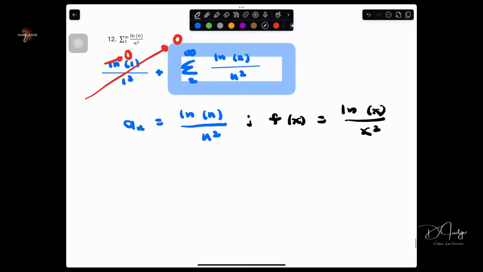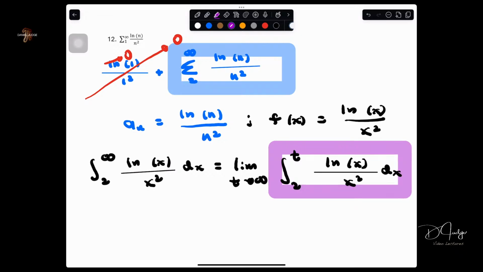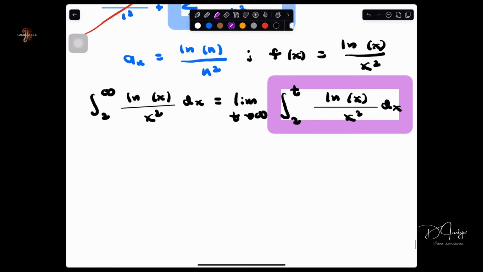We're going to have to look at the integral from 2 to infinity of natural log x over x squared dx, which is the limit as t goes to infinity of the integral from 2 to t of natural log x over x squared dx. This is my I of t. We have to find what that integral is.